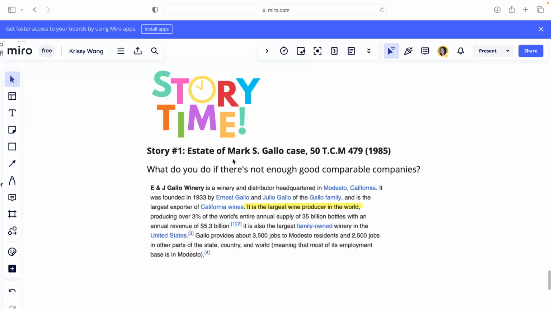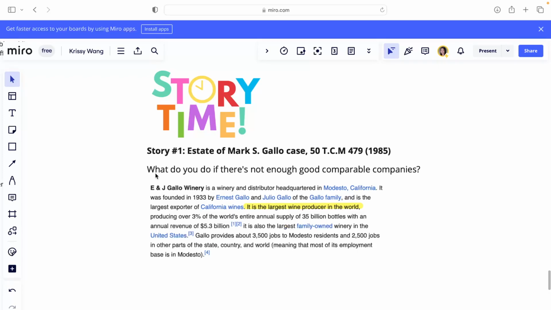So when the family member, Mark Gallo, passed away, it was very difficult to estimate how much his shares were worth in the Gallo Wine Company, because again, this company has been private since its incorporation.